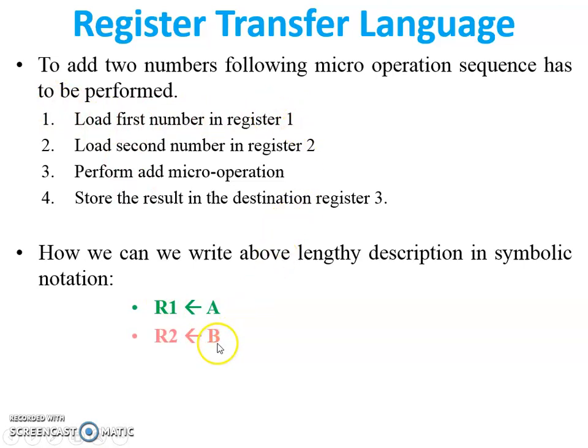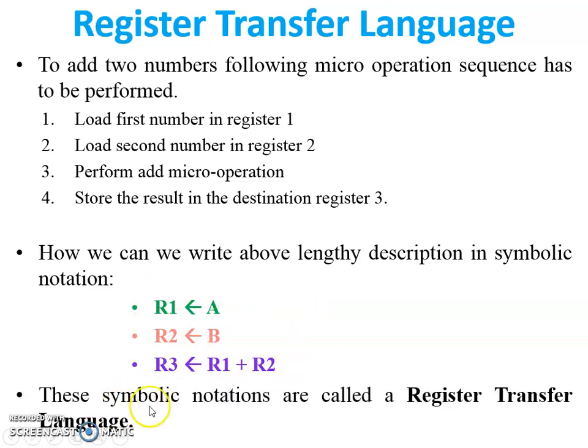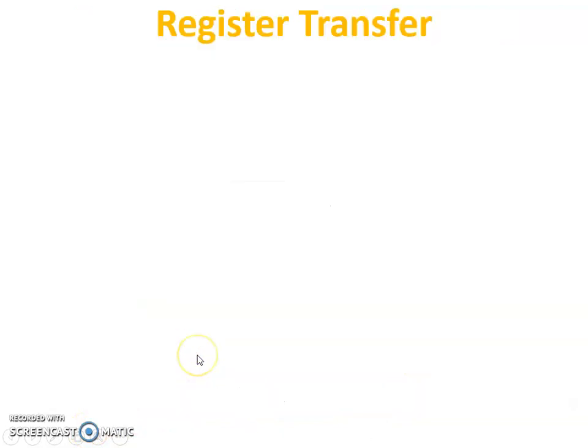Same, B will be stored in R2. This is the second number, stored in register 2. Now perform the addition micro operation and store the result: R1 plus R2, with the result stored into R3. So we can easily remember this micro operation sequence using the notation. This symbolic notation is called register transfer language.